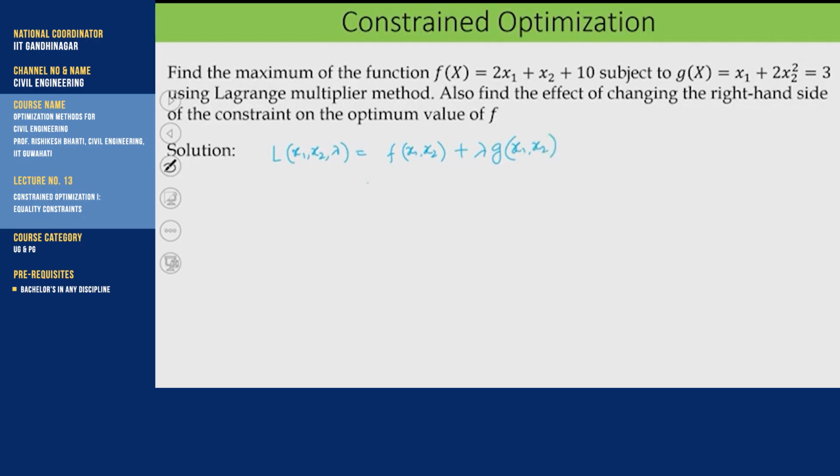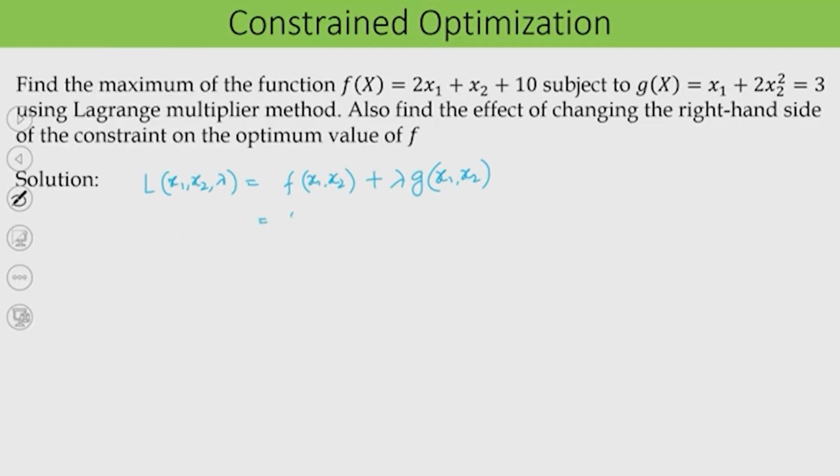I can write it like this: this is equal to twice x1 plus x2 plus 10 plus lambda times (3 minus x1 minus twice x2 square).